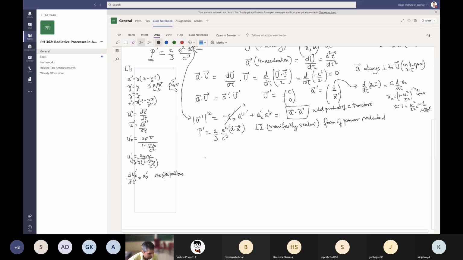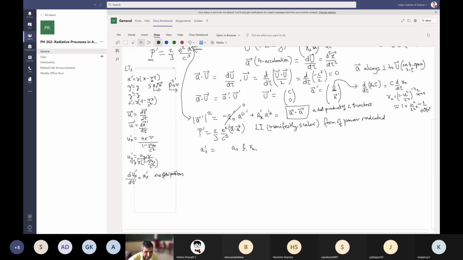So what you get, let me see how do I do it? Right, if you do this exercise, you will get some formulae like A parallel prime is equal to A parallel times some function of gamma, which is a function of u.